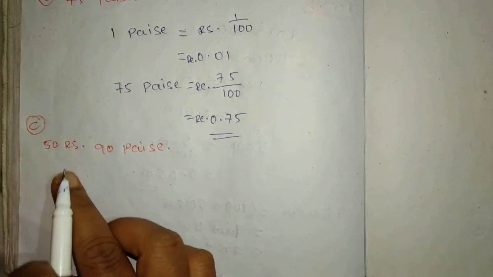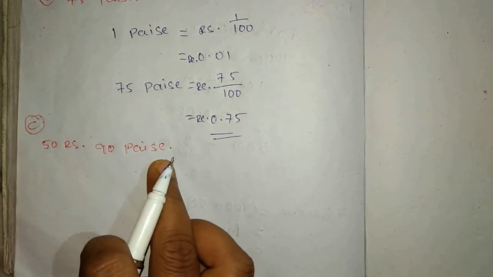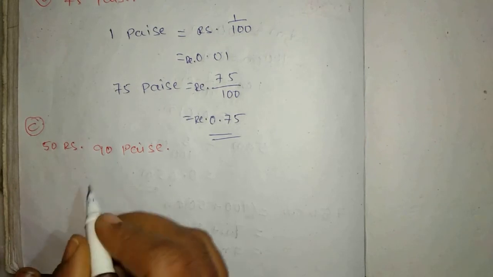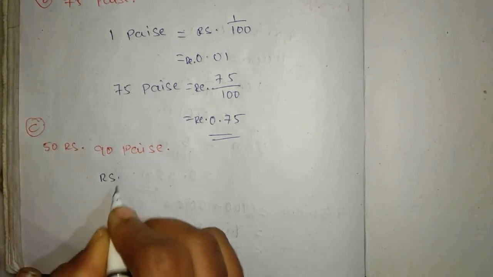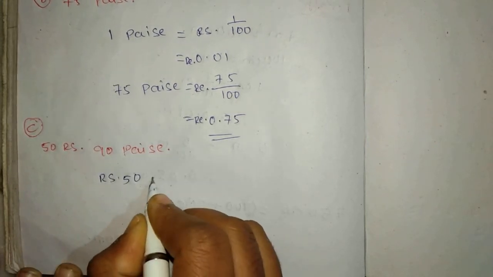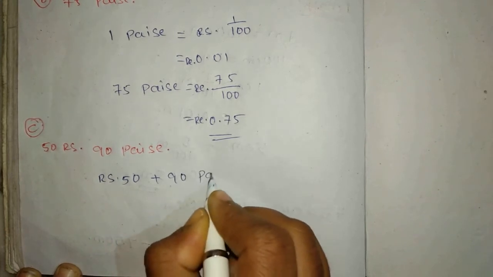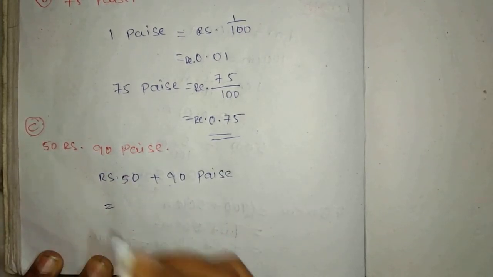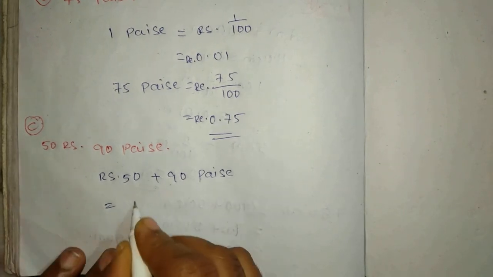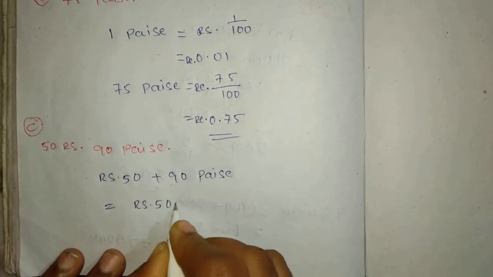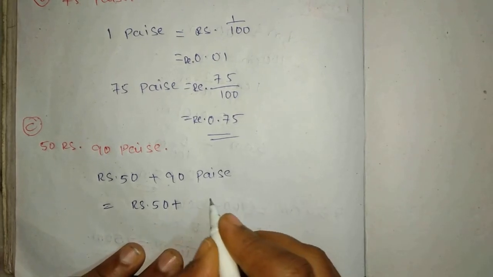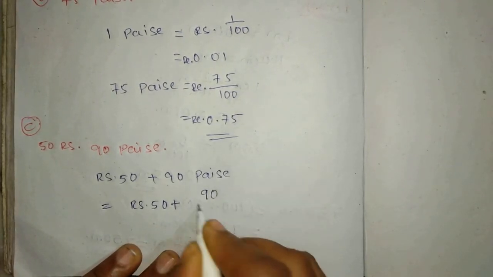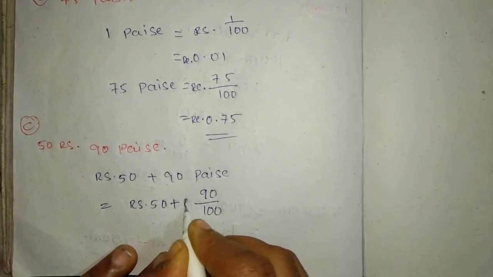Next, 50 rupees 90 paise. This can be written as 50 rupees plus 90 paise, which means 90 by 100 rupees.